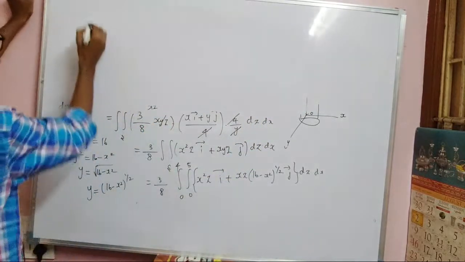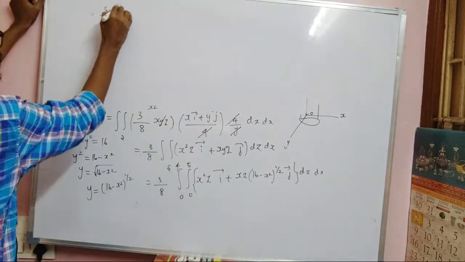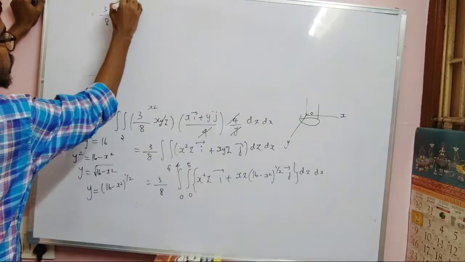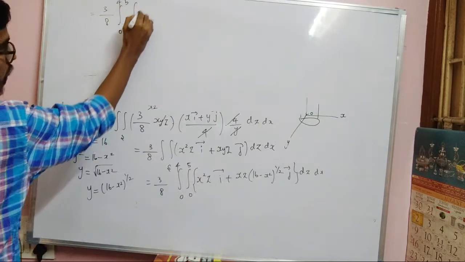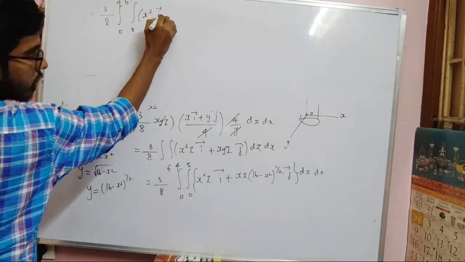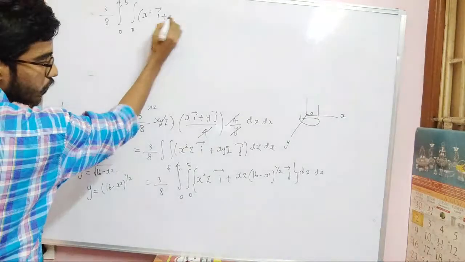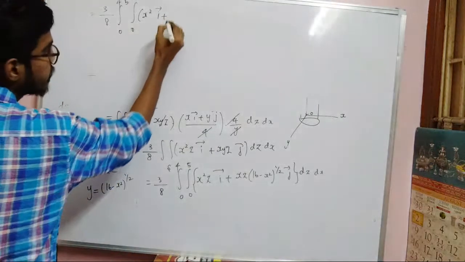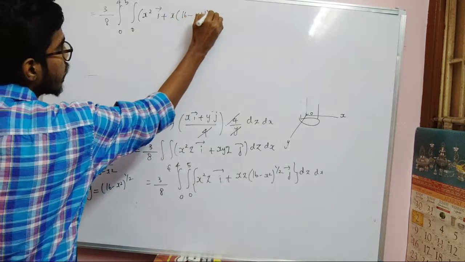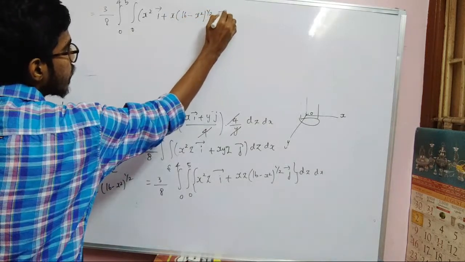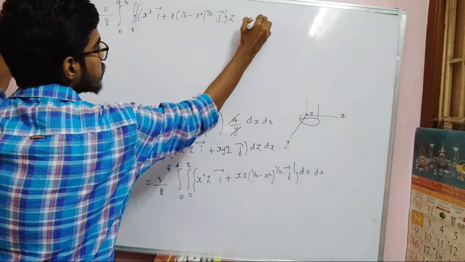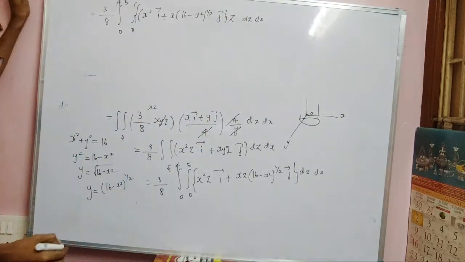So I can write this as 3 by 8 integral 0 to 4 integral 0 to 5, I am going to take x square i vector plus x into 16 minus x square whole power 1 by 2 j vector, and I am going to take z outside, into dz dx.